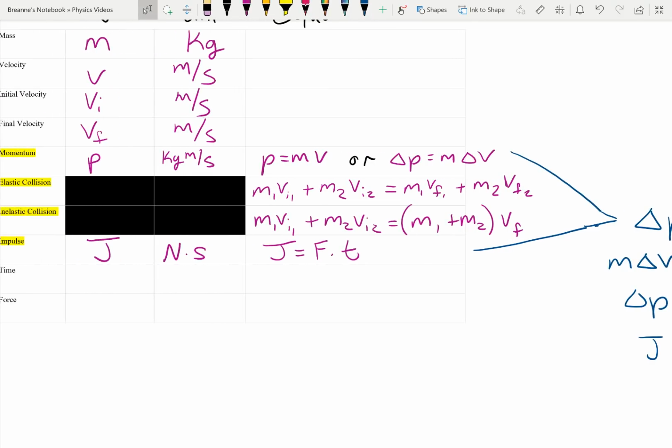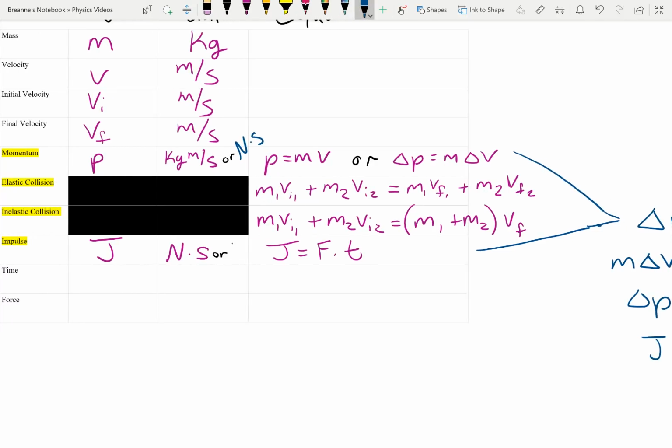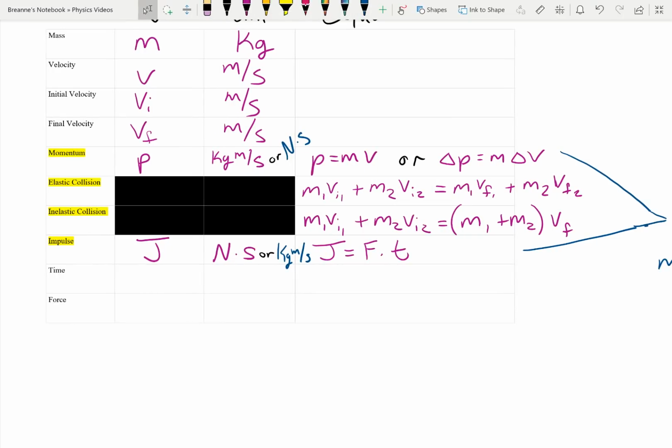So your unit for momentum can also be Newton seconds. And your units for impulse can also be kilograms meters per second. So a little bit interchangeable there if you're dealing with change in momentum.